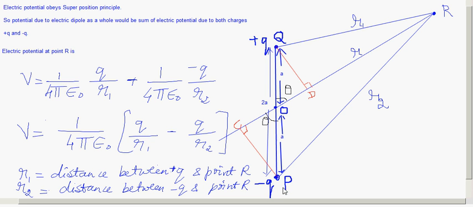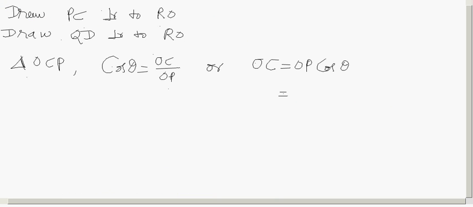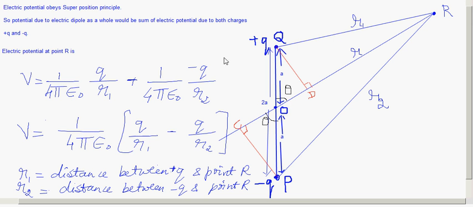So this is a cos theta. Similarly, you can take the other triangle, triangle OQD.